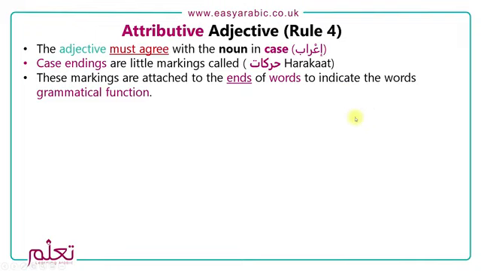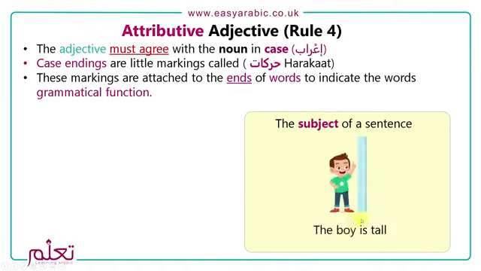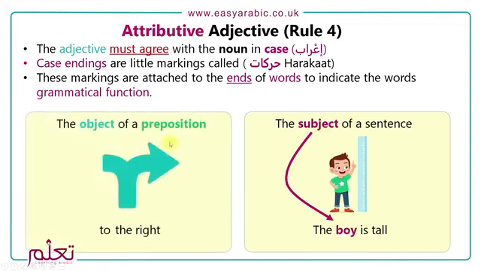Okay, so if we have here the subject of the sentence, the boy is tall. So here the subject of the sentence is boy. Okay, the object of a preposition. So here we're saying to the right. Okay, and what we're doing here is the object is right and to is the preposition.